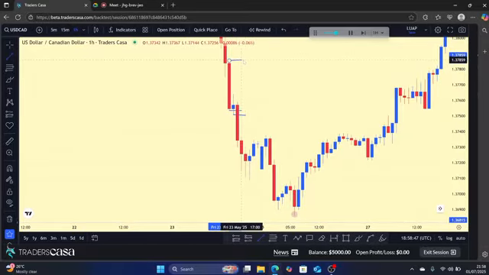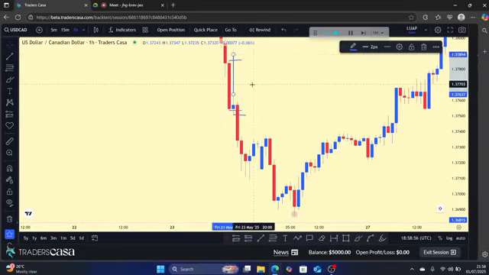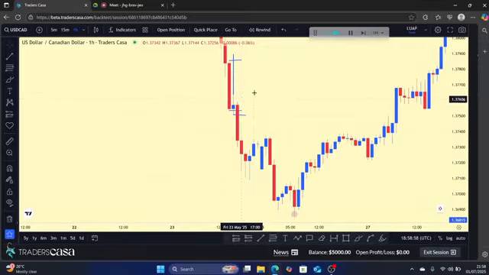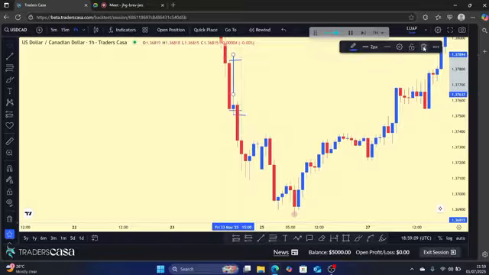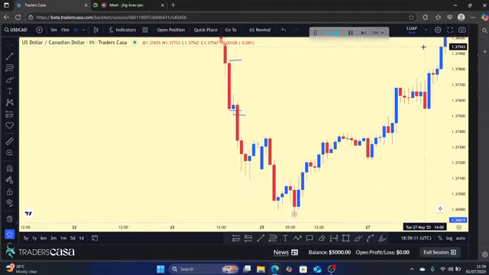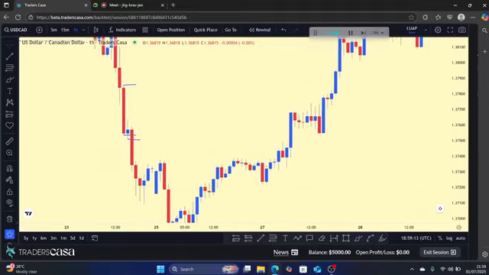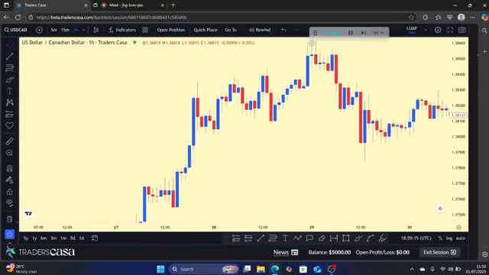Now let's say price wicked all the way until right there. If this was the scenario, I will confirm this one here to be a pullback, because price has broken past the highest point of that previous candle, and we said we need that to confirm a valid pullback in a candlestick based downtrend.